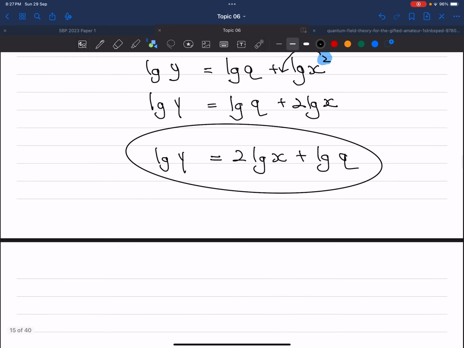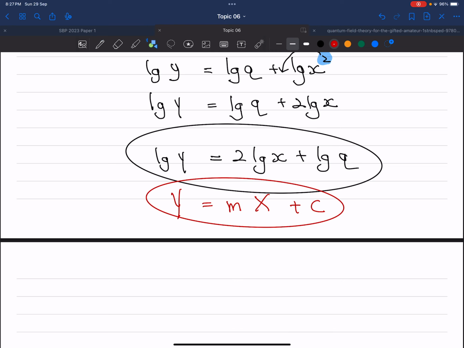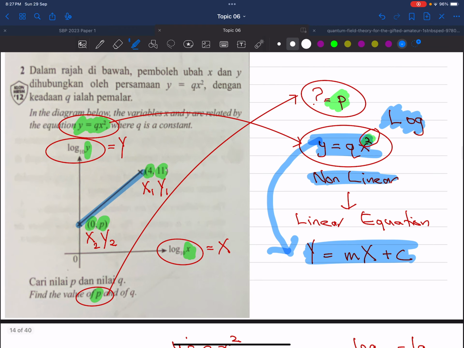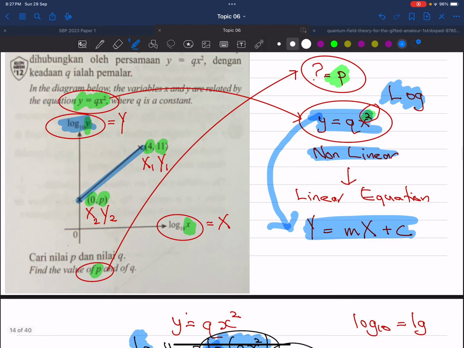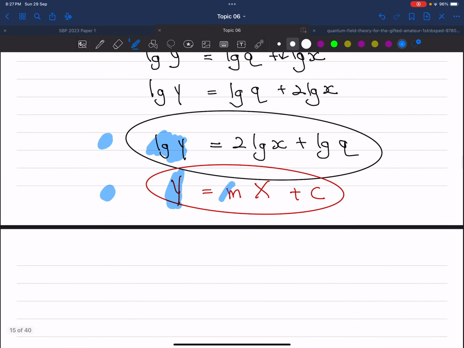I'm going to write back the formula capital Y equals mX plus C. So from here, by comparing both equations, we find out that the capital Y is log Y base 10, which is true. And then the gradient is 2.